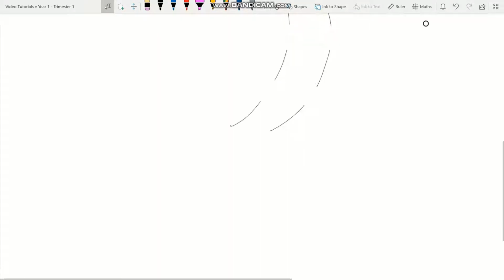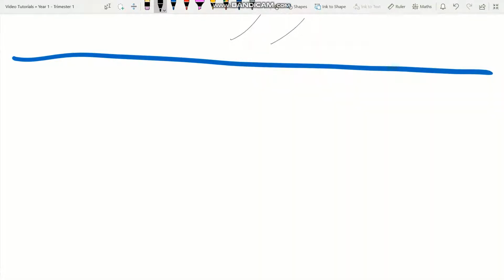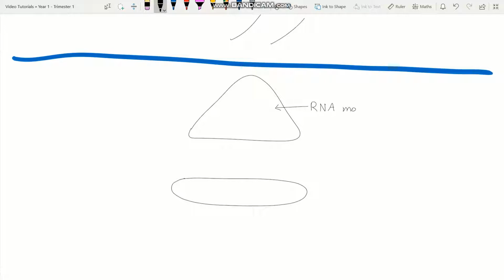Now, once the RNA chain has passed out of the nuclear membrane, it will reach the large and small subunits of a ribosome. The large subunit, just for reference, is actually made of RNA molecules, specifically rRNA, whilst the smaller subunit is made of protein.